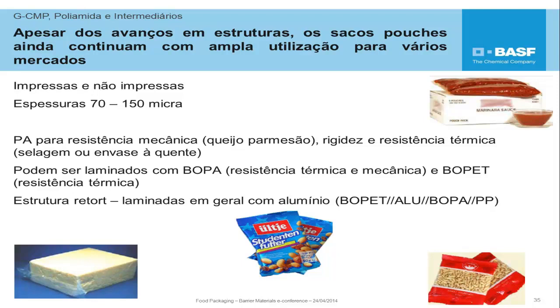Parmesan cheese, for example, does not need too much barrier, but there is demand for mechanical strength, for example in solid, wedge-shaped cheeses. The challenge to the film is in terms of puncture, mechanical strength, thermal resistance and break.